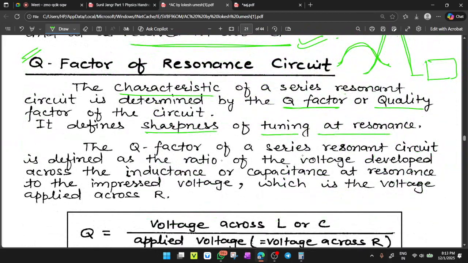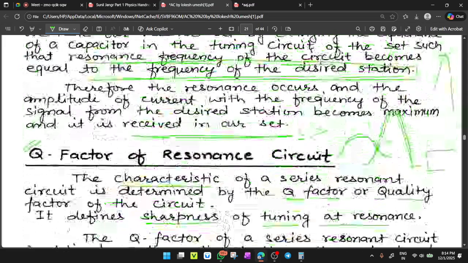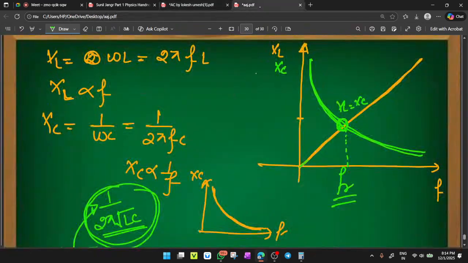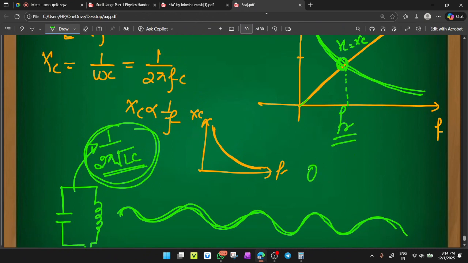Fine. The Q factor of a series resonance circuit is defined as the ratio of the voltage developed across the inductance or capacitance at resonance to the impressed voltage, which is equal to the voltage across R. Means, quality factor is defined as Q equals VL upon VR or VC by VR.